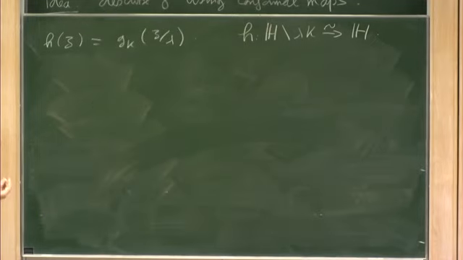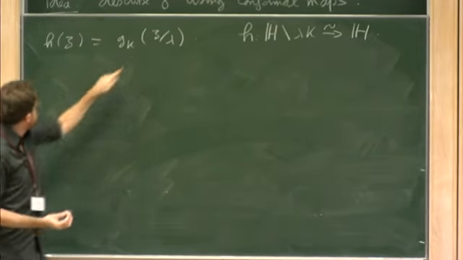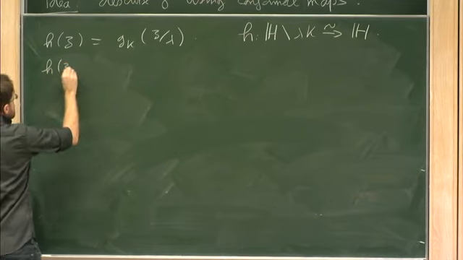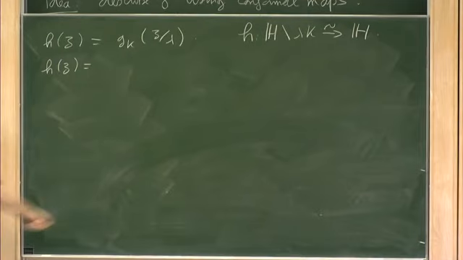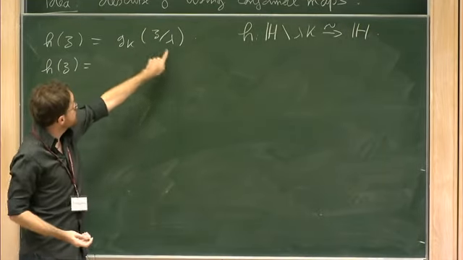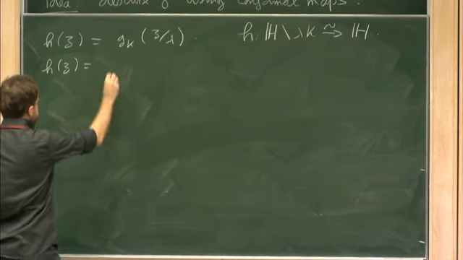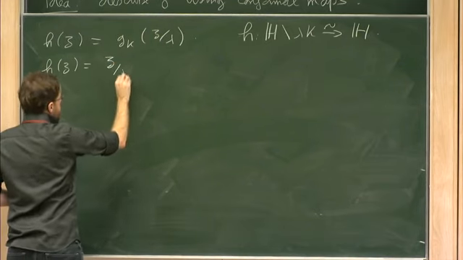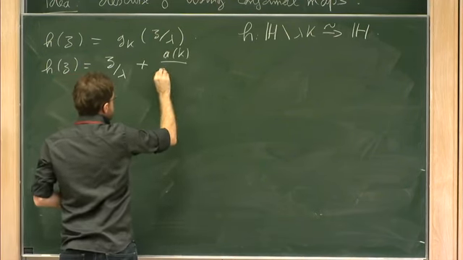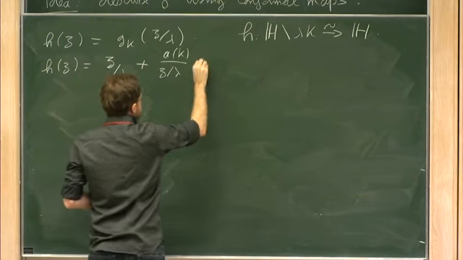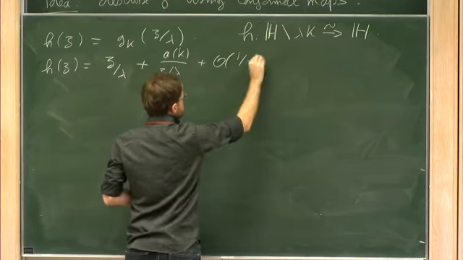It's not the right one, because if you look at the expansion at infinity, so what you do, you know the expansion of g_K at infinity, and you plug z over lambda in it. So what you get is z over lambda plus a(K) divided by z over lambda plus big O of 1 over z squared.